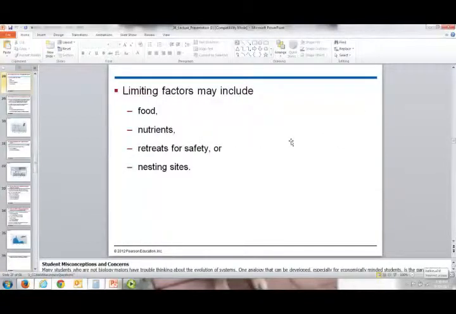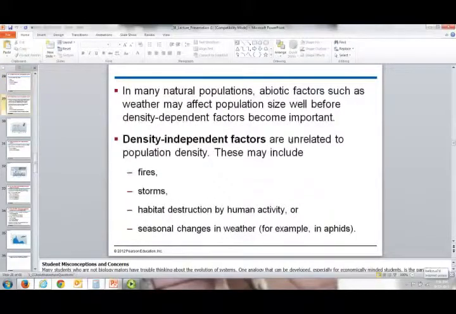Some of these types of factors could include the amount of food and nutrients, their ability to find a safe place to hide, an area to nest and breed. All are important and would be influenced by the number of individuals in that population. In many natural populations, abiotic factors such as weather may affect the population size well before you get to the density-dependent factors.